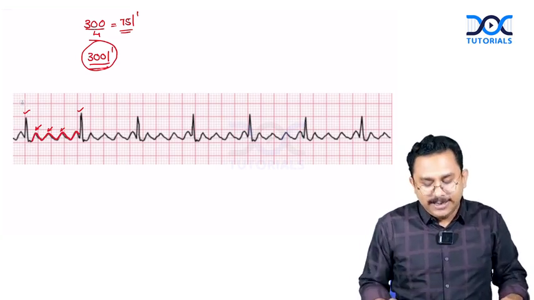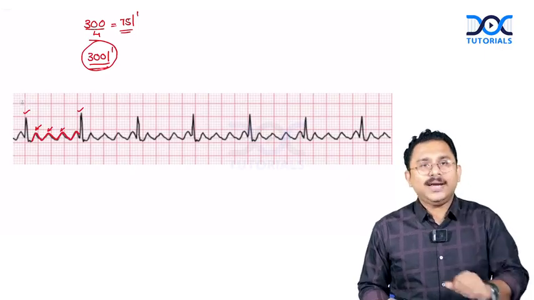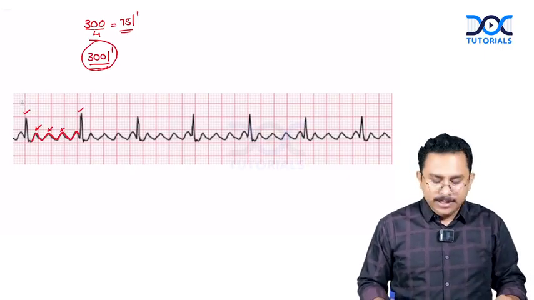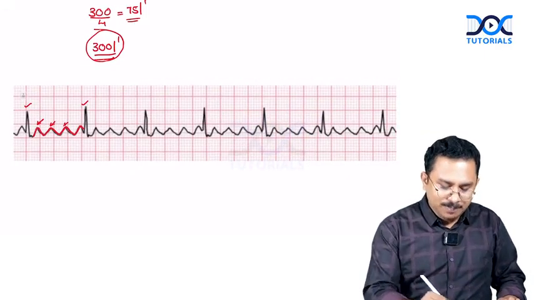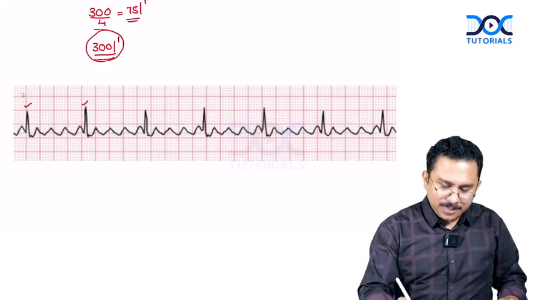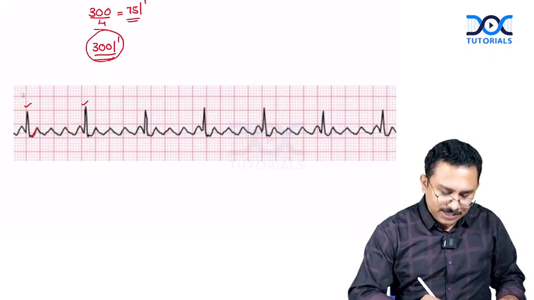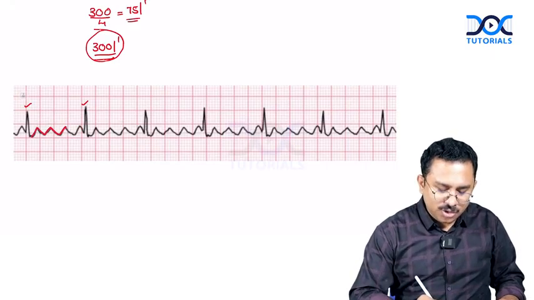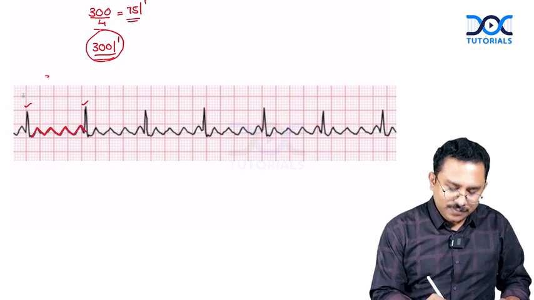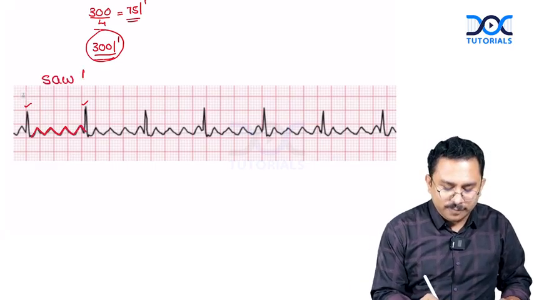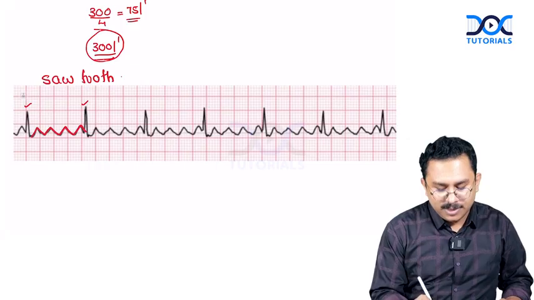And what sort of tachyarrhythmia? See, once you look at the P wave morphology, you will find that the P wave morphology is a sort of sawtooth pattern. So you've got a sawtooth morphology of the P wave.